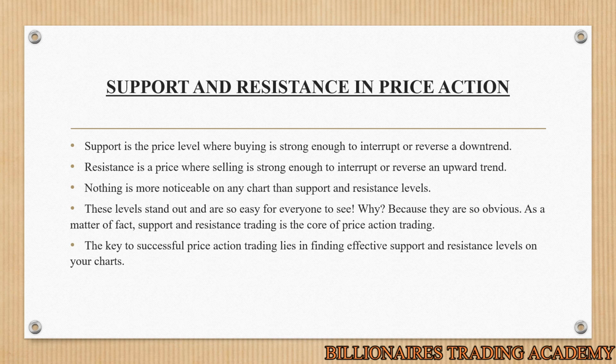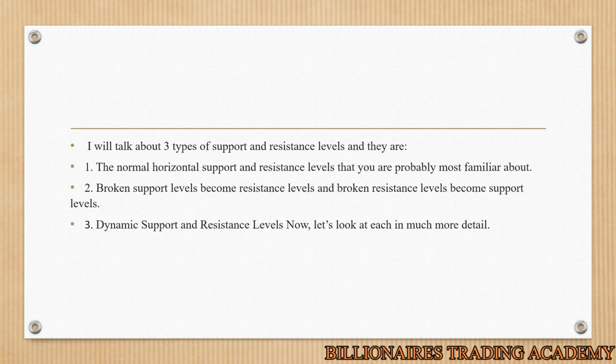When it comes to support and resistance, there are two types, should I say, or three types. The first one is the normal horizontal support and resistance level, meaning horizontal, sideways. Then there is what we call a flip zone, which is support turning into resistance or resistance turning into support.